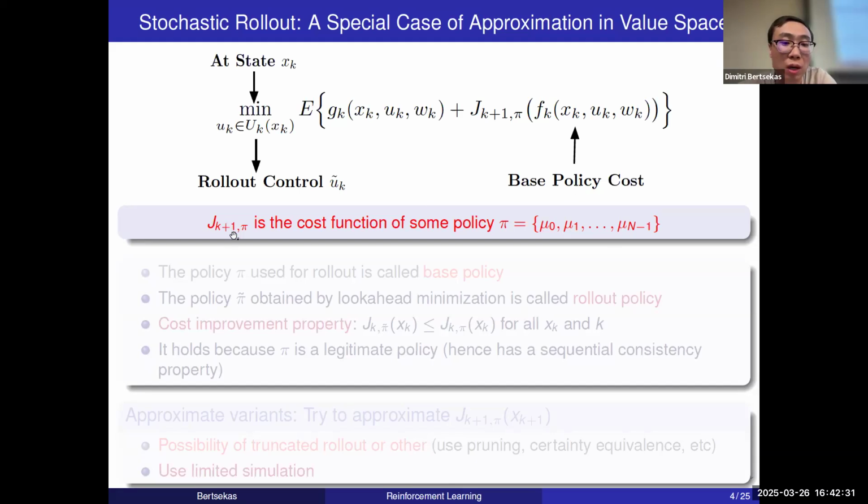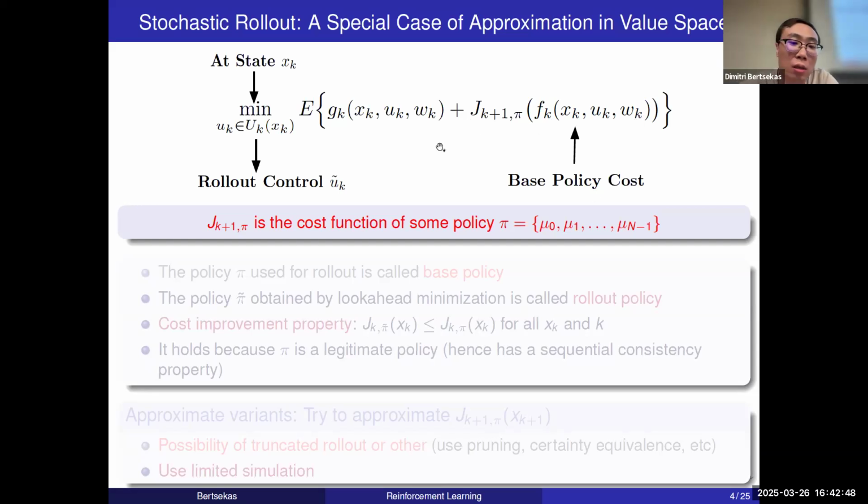So J_{k+1}', π means the cost function of policy π, starting from the state f(x_k, u_k, w_k) at stage k plus 1, right?